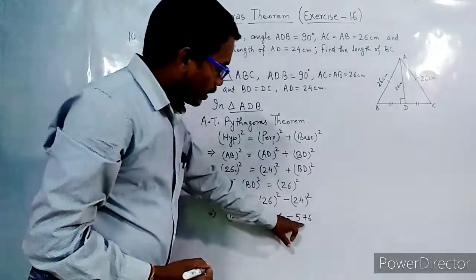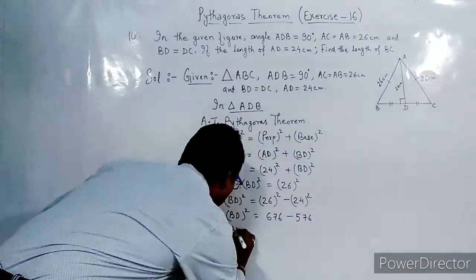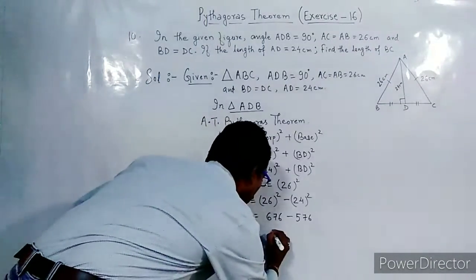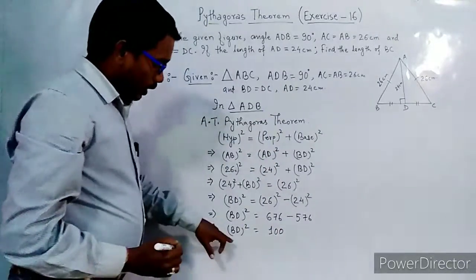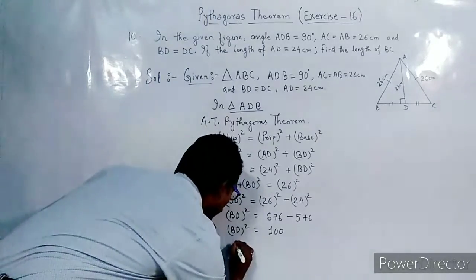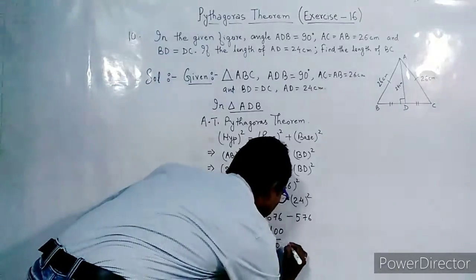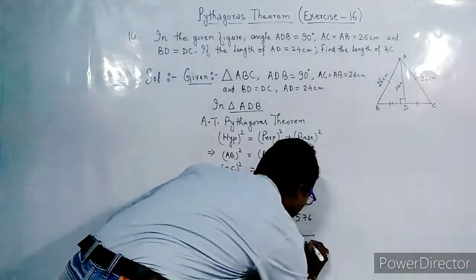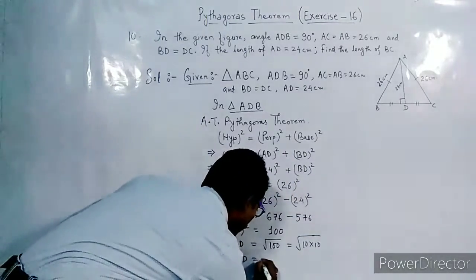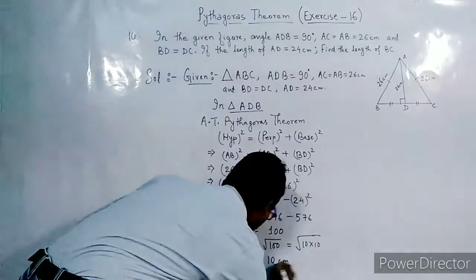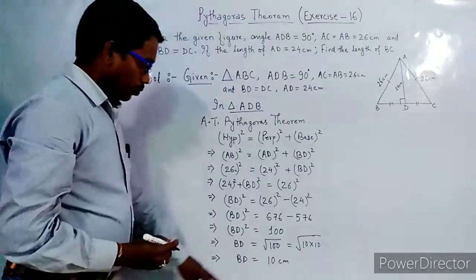Now subtract 576 from 676, we get BD square equals 100, and by taking the square root of both sides we get BD equals root 100, that is root 10 into 10, so BD equals 10 centimeters.